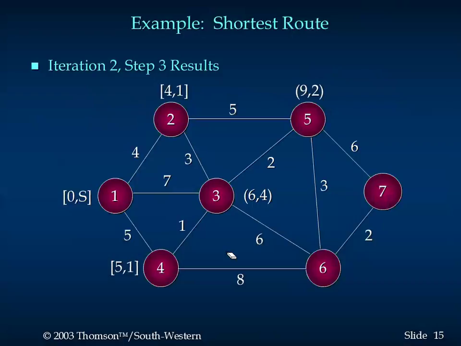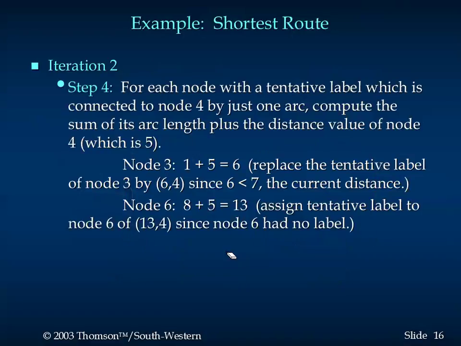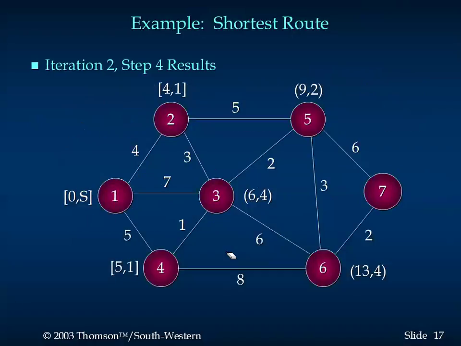Earlier it was 7, 1. Because this distance is less, we've updated it. When the distance is more, we don't update. So since the distance is less, we've updated, and 13, 4 there.